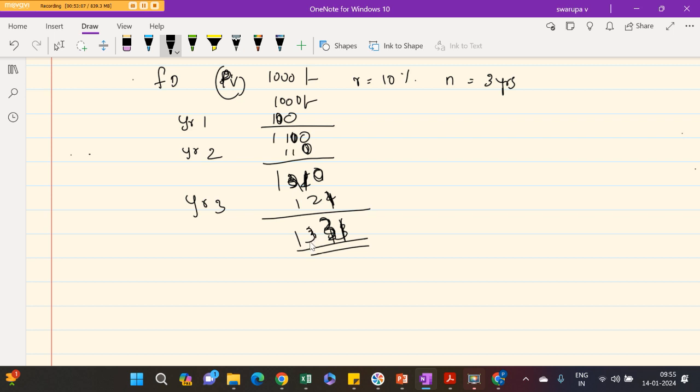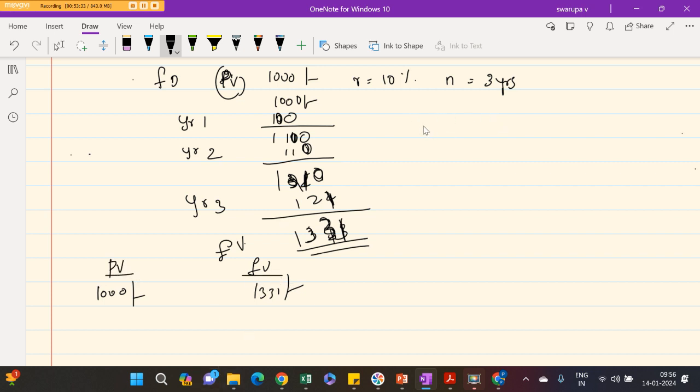Okay, it was just a calculation error. So at the end of year 3, my future value is 1331. So 1000 rupees, if I invest in an FD today, I will get 1331 3 years later. So my future value of 1000 rupees 3 years later is 1331. This is present value and this is future value.